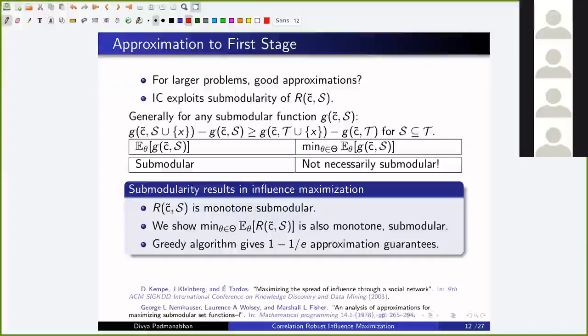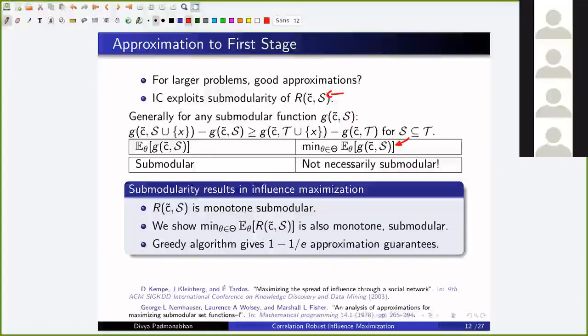But what we show is that in the case of influence maximization, it's something very specific to the reachability objective. For this problem, even the worst expectations, the min over this family of distributions, is also monotone and submodular. The reason this is not necessarily submodular in general is that for one seed set S there is maybe some worst case distribution, and if you change the seed set, a different distribution comes into the picture.